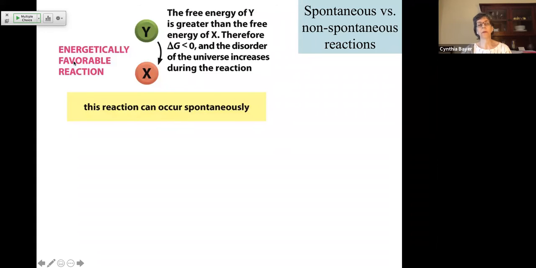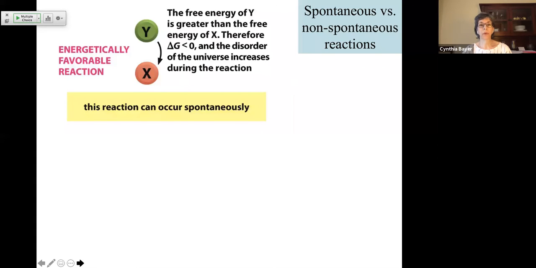Right? Will be releasing energy that may be adding to the disorder, the most disordered or the lowest form of energy, as in thermal energy. But that process, that chemical reaction can occur spontaneously, so we say that it's energetically favorable.